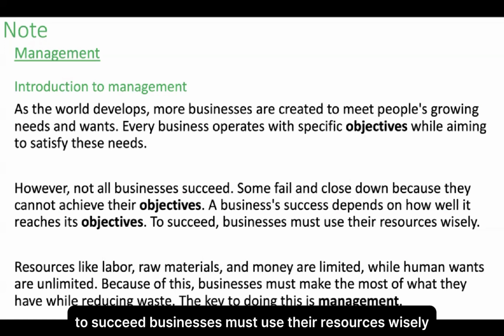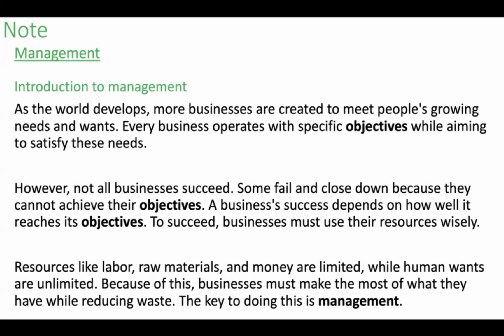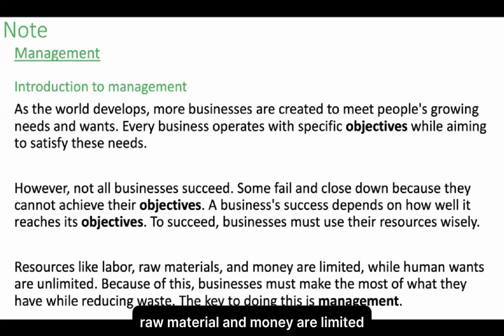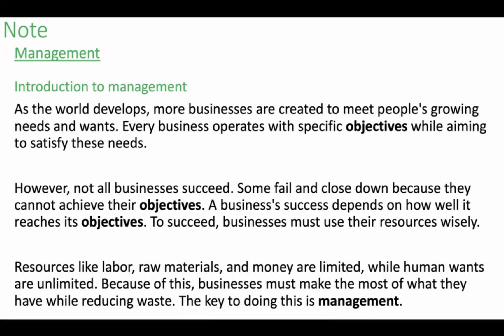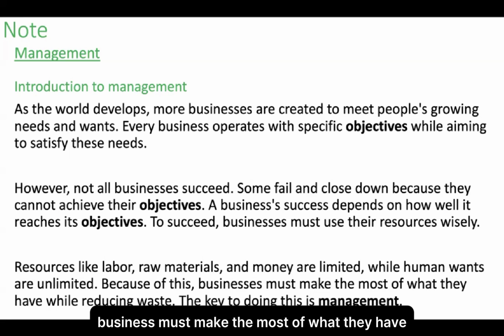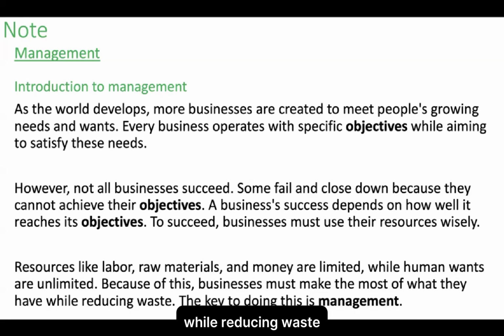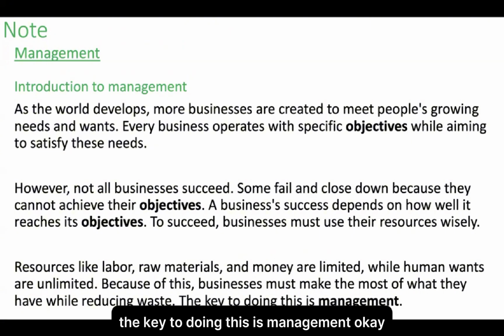To succeed, businesses must use their resources wisely. Resources like labor, raw material, and money are limited, while human wants are unlimited. Because of this, businesses must make the most of what they have while reducing waste. The key to doing this is management.